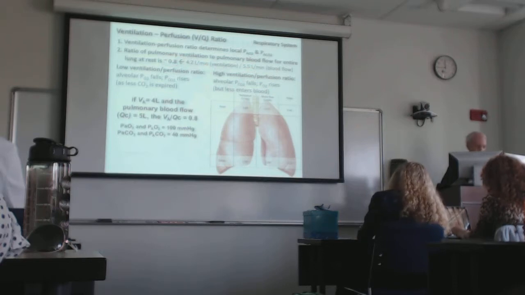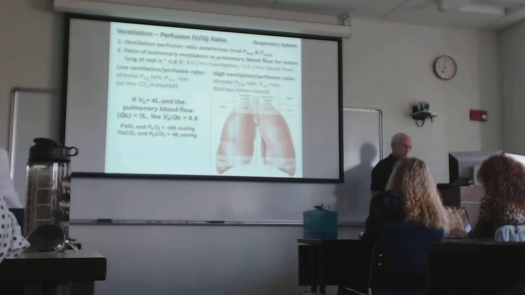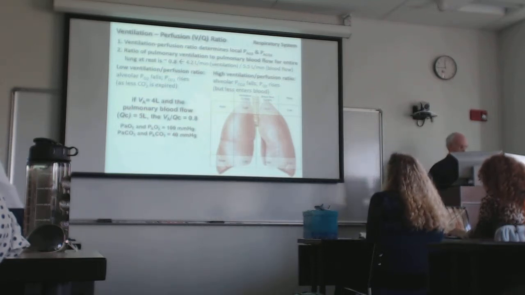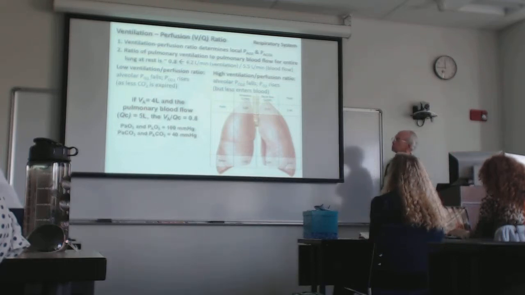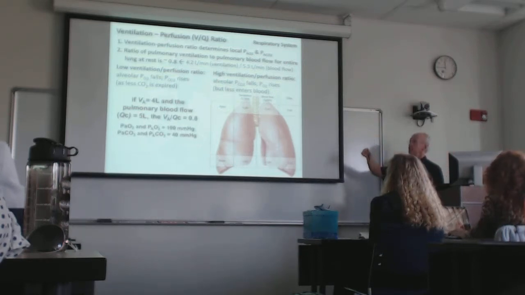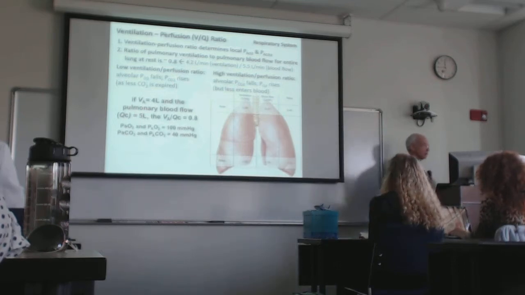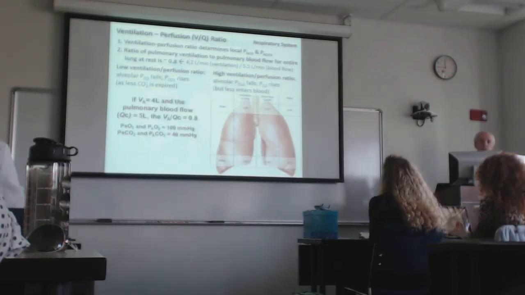So that being the case, what would an elevated VQ ratio mean? What would be a possible cause of an elevated VQ ratio? All right, I think I heard both likely options. What were they? In hyperventilating patients, would that have any effect on VQ ratio?